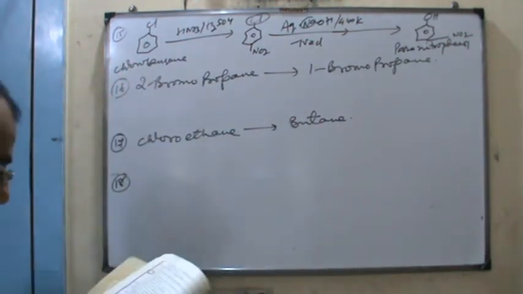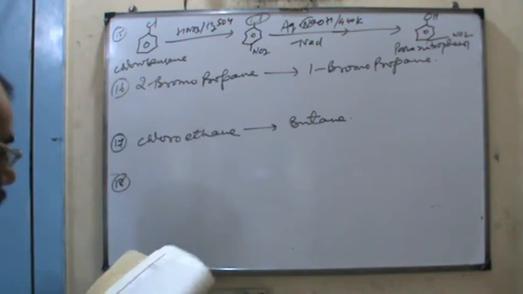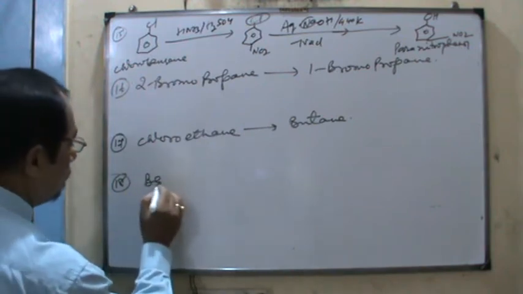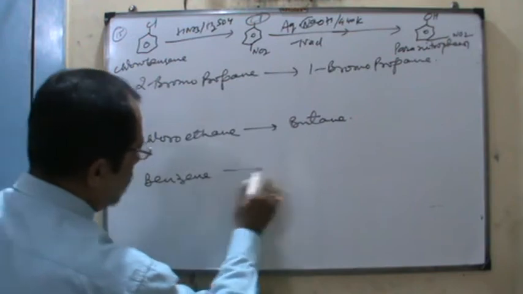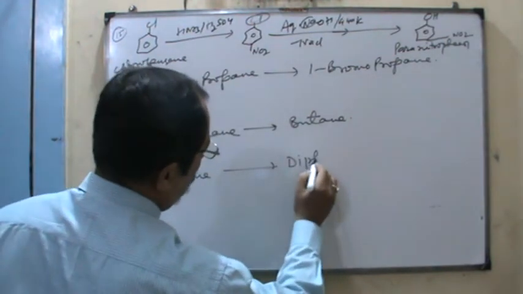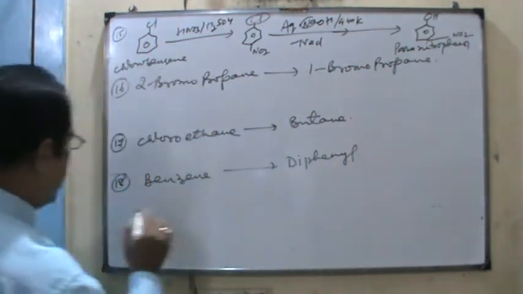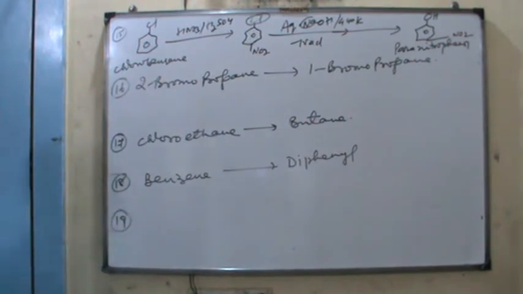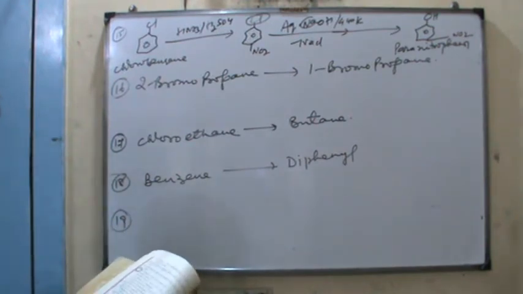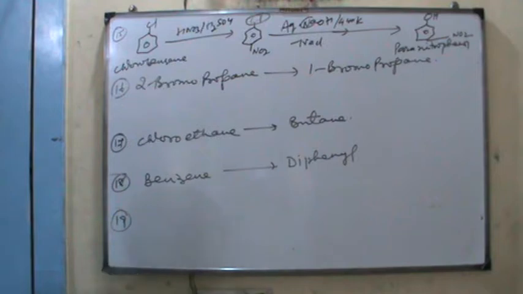Question number 18 is benzene to diphenyl. And question number 19 is tertiary butyl bromide to isobutyl bromide.